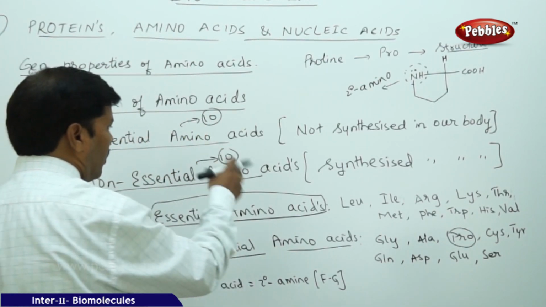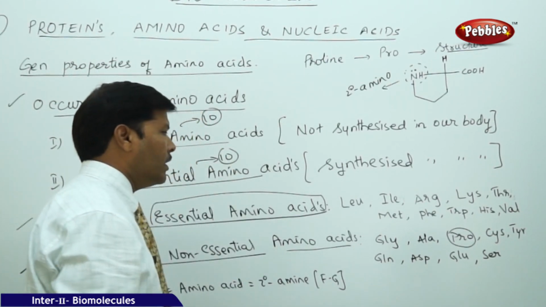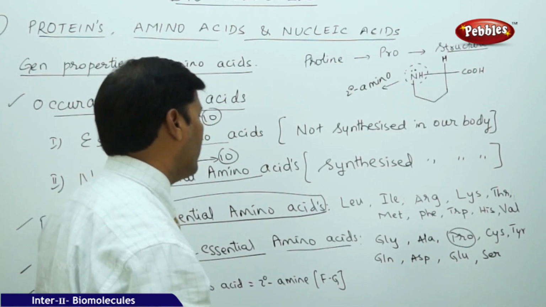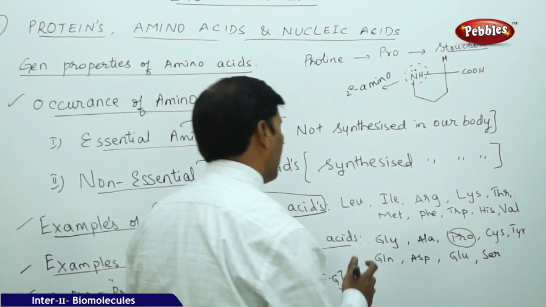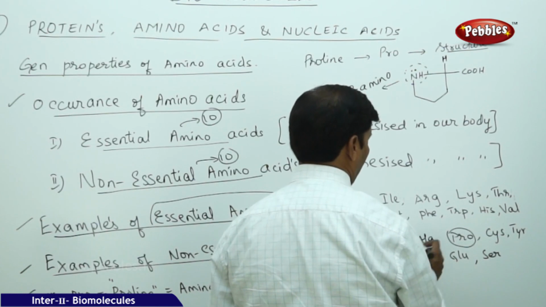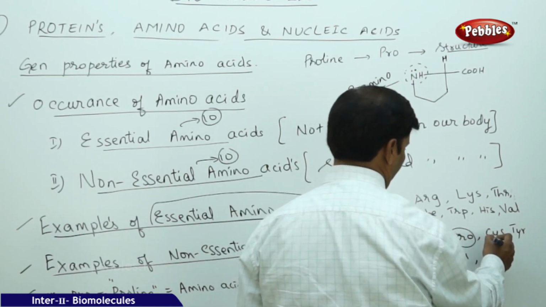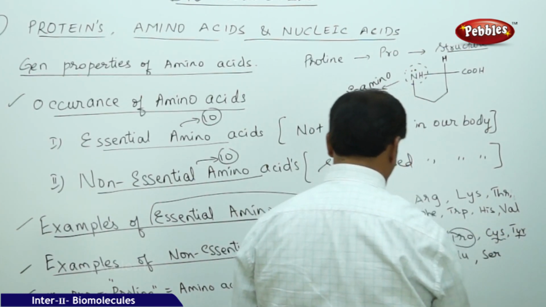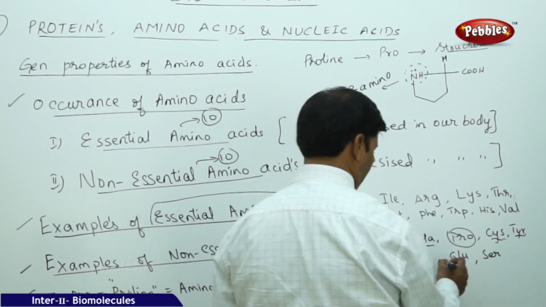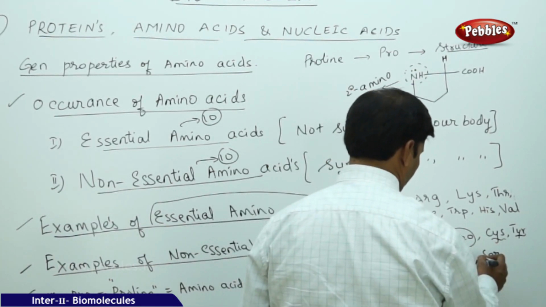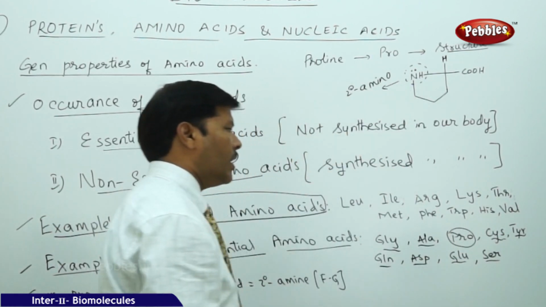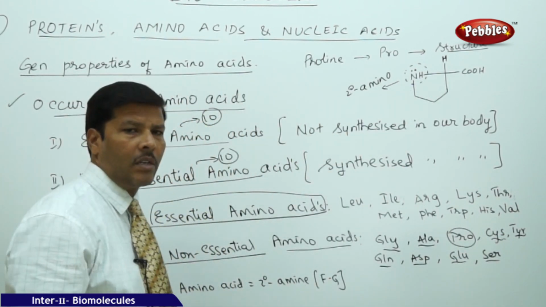In all these essential and non-essential amino acids, some structures are important and some are not that important, such as glycine, alanine, cysteine, tyrosine, glutamine, asparagine, glutamic acid, and serine. In fact, all the amino acids are equally important in their structural aspect.